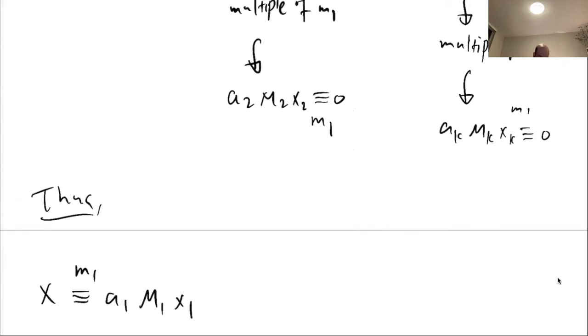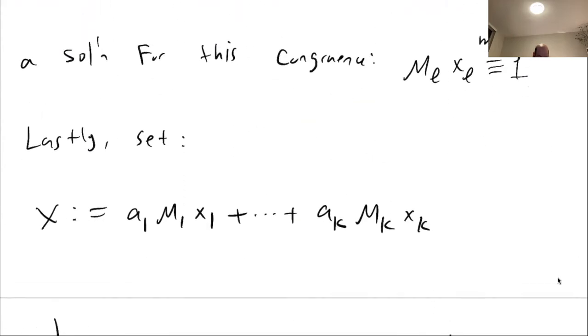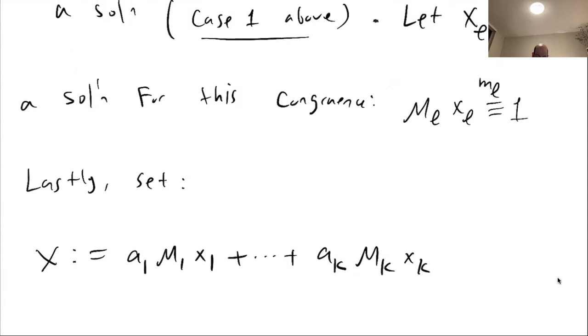But how much was M1 X1 mod M1? Let me call this congruence star: MLXL mod ML is 1. So M1 X1 mod M1 is 1. So this is A1 times 1 by star above, mod M1.